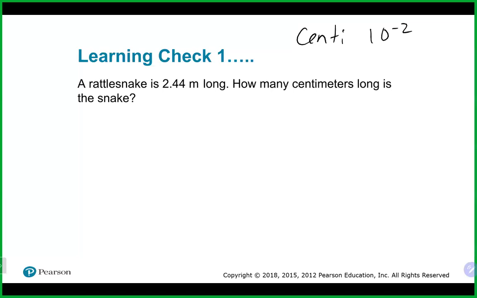Okay, so once again here, we're going to relate centi. Obviously, we got meters. We're going to go centimeters. This is going to be a direct conversion. So 1 centimeter is going to be 10 to the minus 2 meters. That again is going to give us our two conversion factors that we can use.